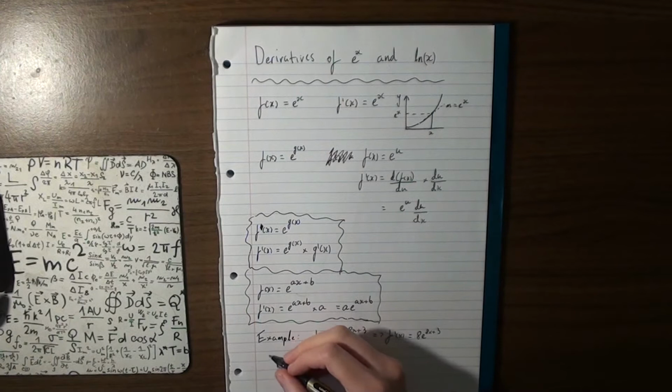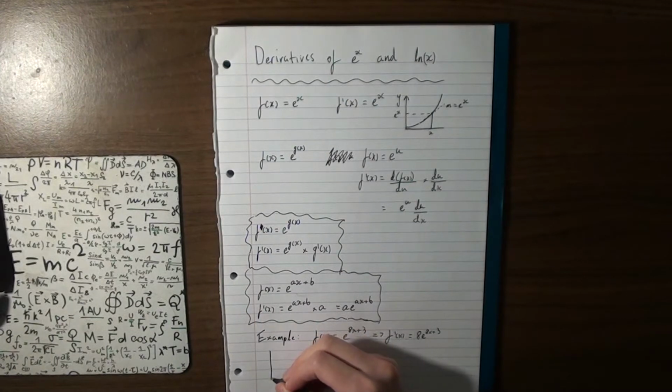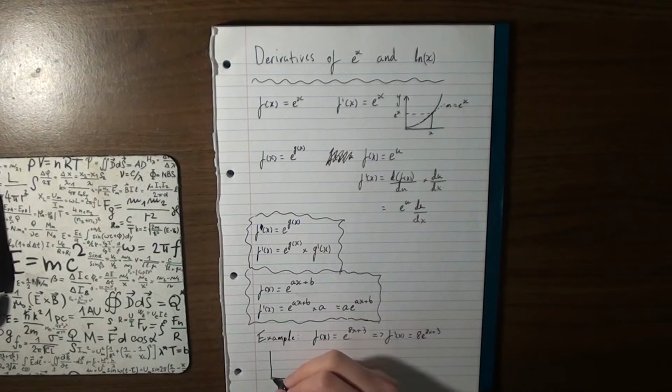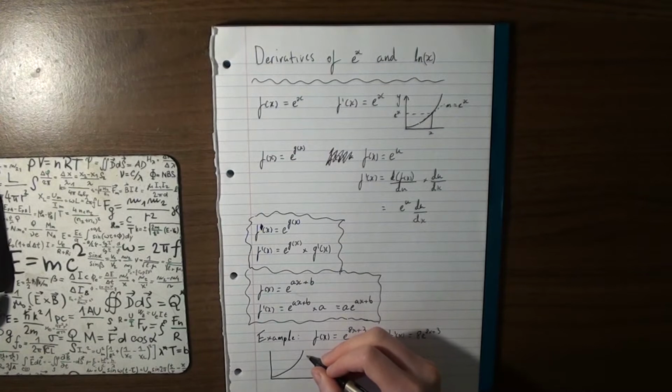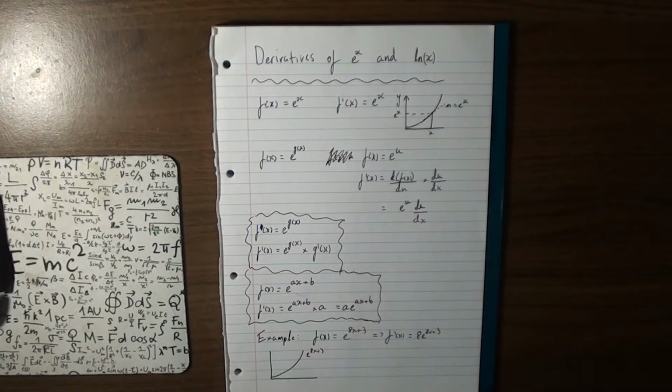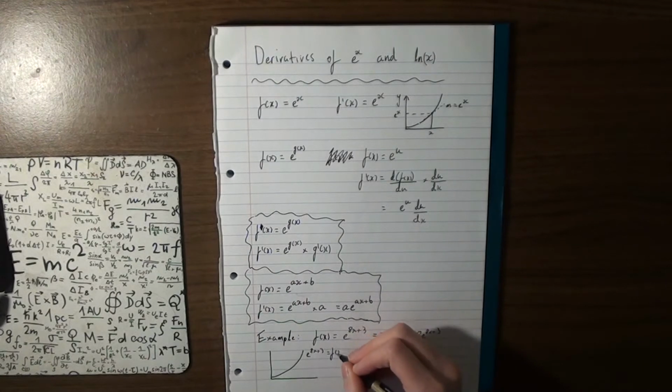So if I were to do, let's do a wee graph. So if this was e to the ax plus 3 is equal to f of x.